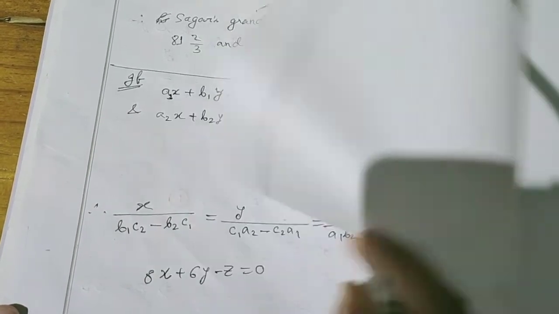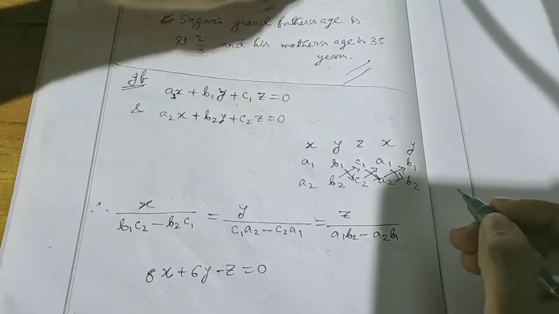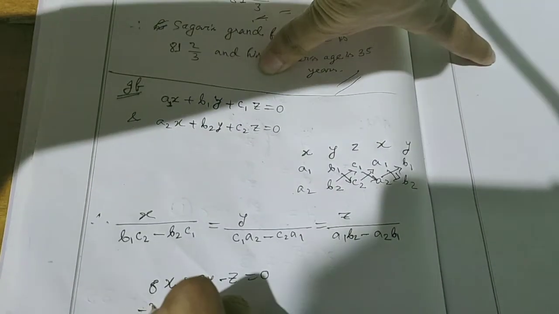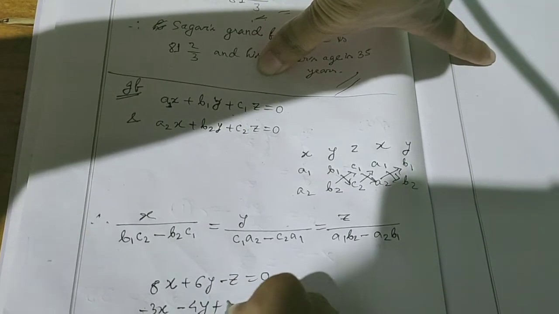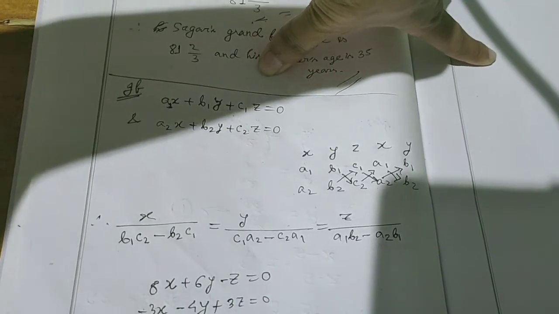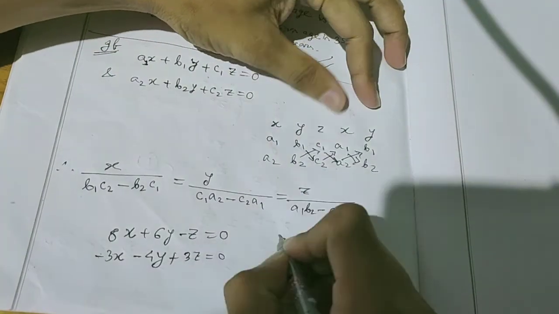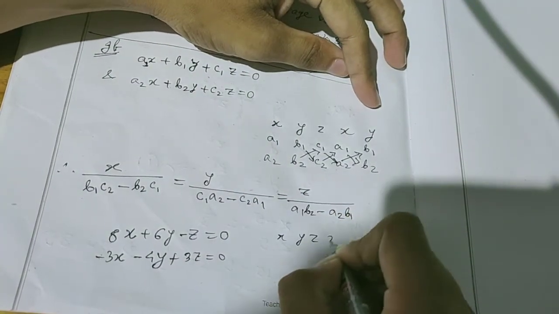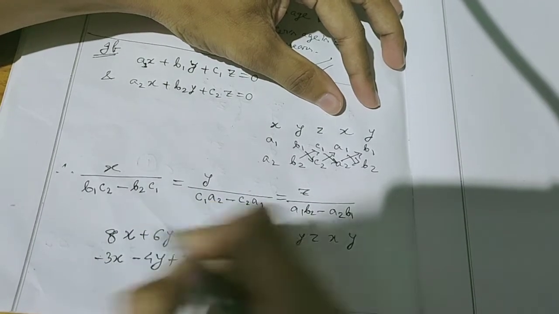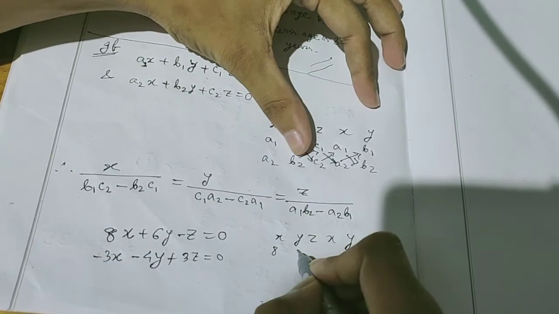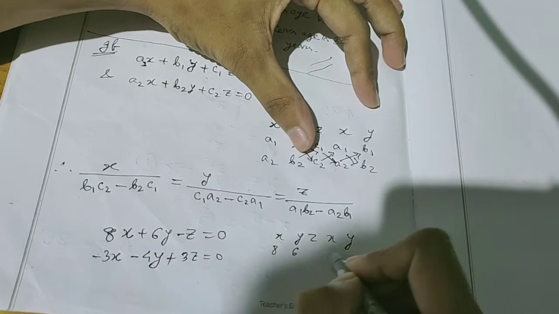z equals to 0, or minus 3x minus 4y plus 3z equals to 0. So now we will write like this, x, y, z, x, y. Since it is 8 here, so 8, then 6, then minus 1.